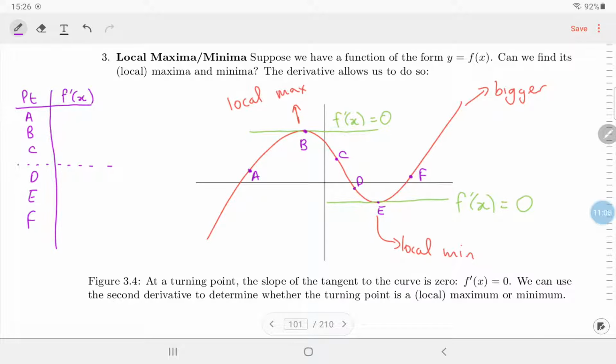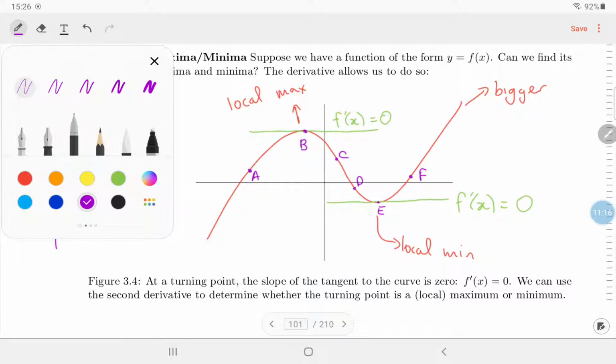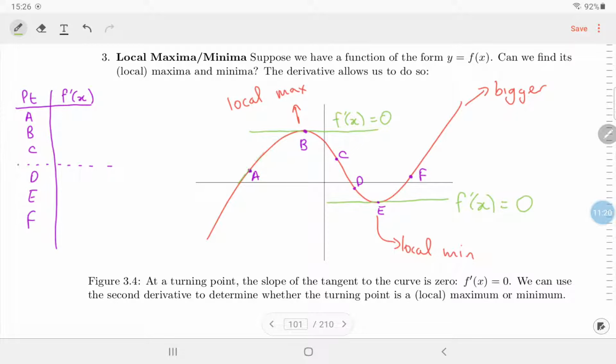Now, you need to know from lines that, say at A, if we look at the slope, if it's going up like that, that's a positive slope. So here the slope is bigger than 0. At B, the slope is equal to 0.